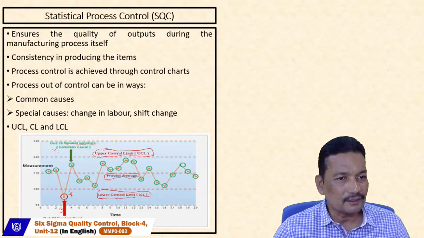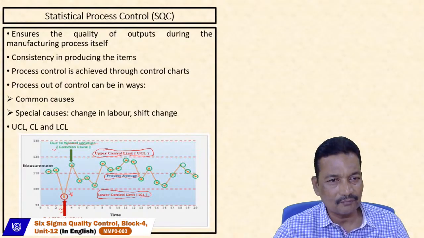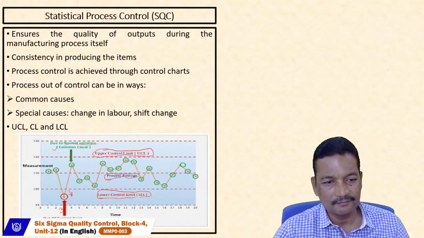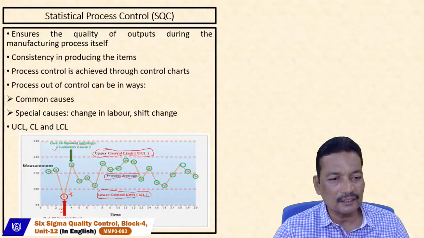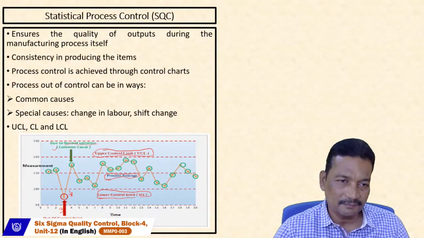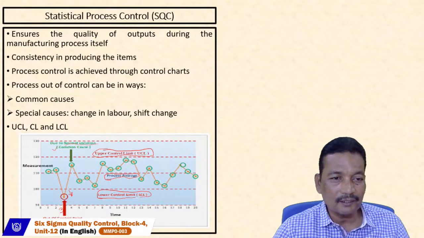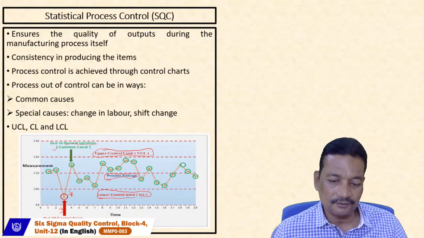Common causes will always occur due to the machine factor, human factor, environmental factor, etc. Normally they will occur. But if you look at the out of control point, special causes, they do not occur on a regular basis. They occur due to some special cause.